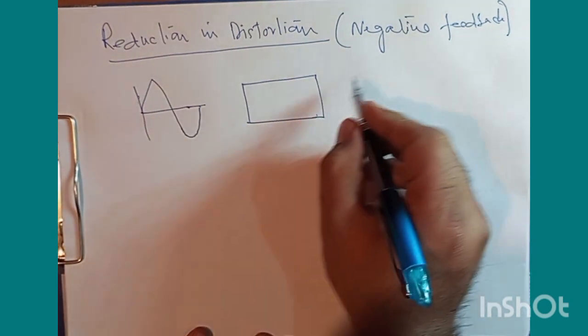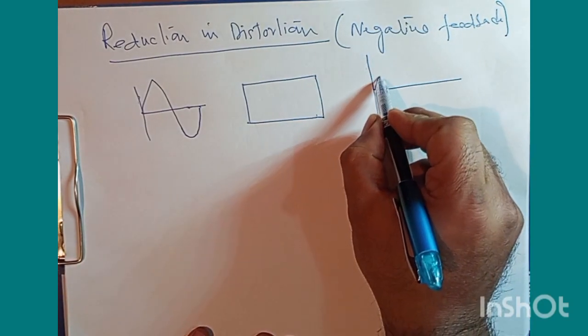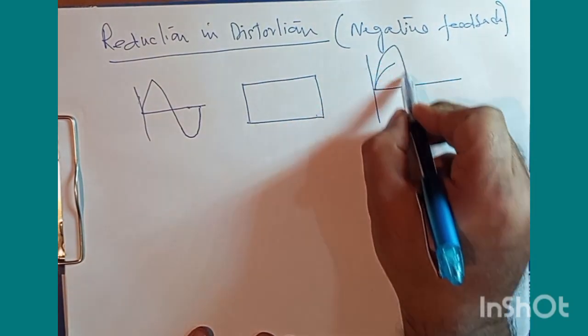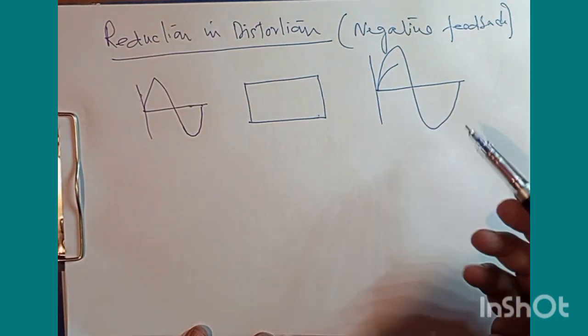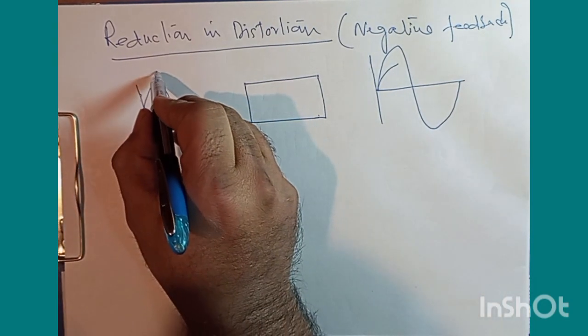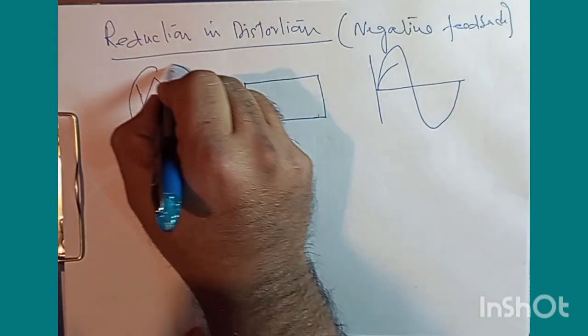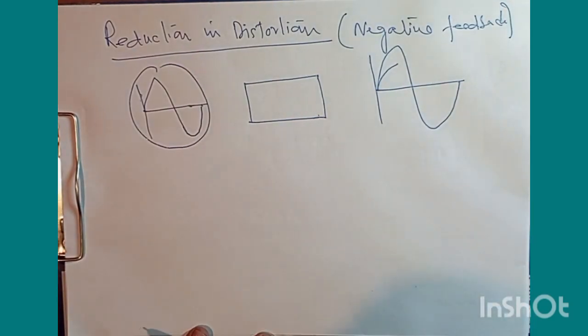The output that we will obtain will have distortion with it, because the distortion is already present in the input signal. In addition to the signal itself, the distortion will also be amplified.